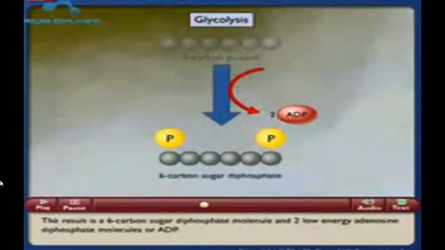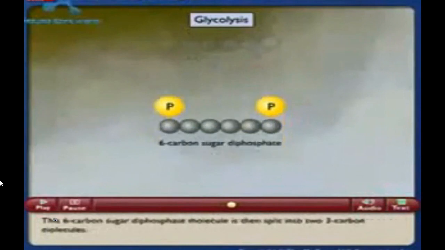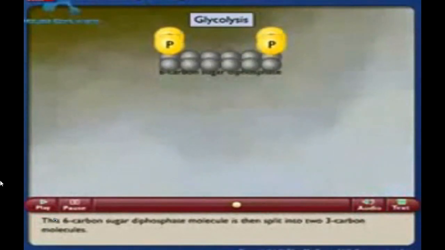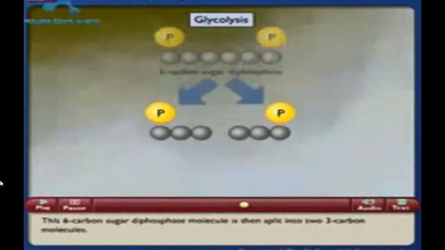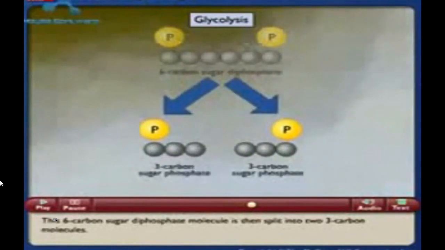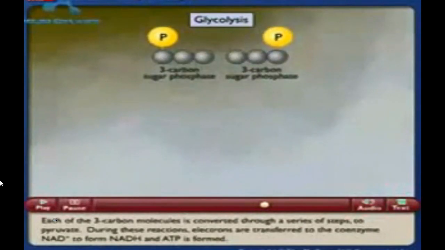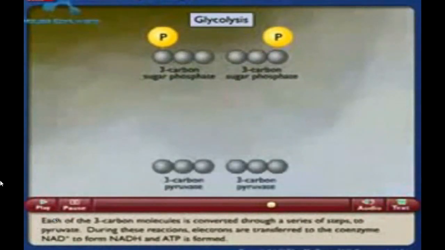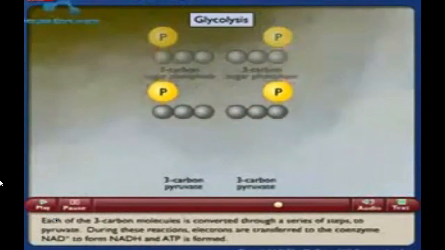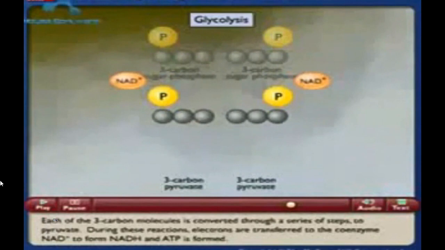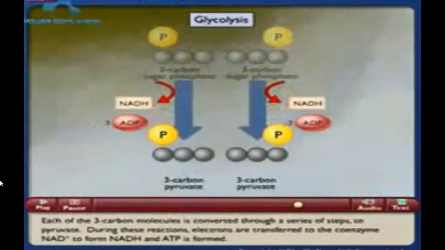The result is a 6-carbon sugar diphosphate molecule and 2 low-energy adenosine diphosphate molecules, or ADP. This 6-carbon sugar diphosphate molecule is then split into 2 3-carbon molecules. Each of the 3-carbon molecules is converted through a series of steps to pyruvate. During these reactions, electrons are transferred to the coenzyme NAD+ to form NADH, and ATP is formed.